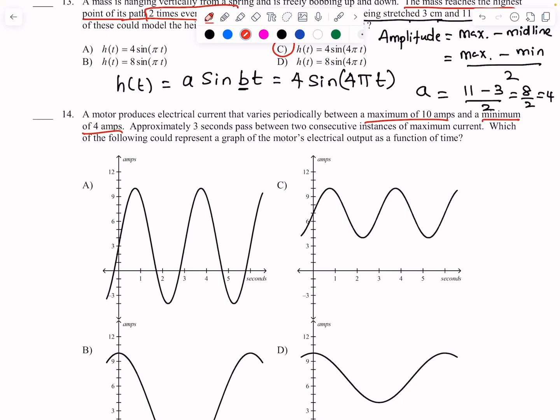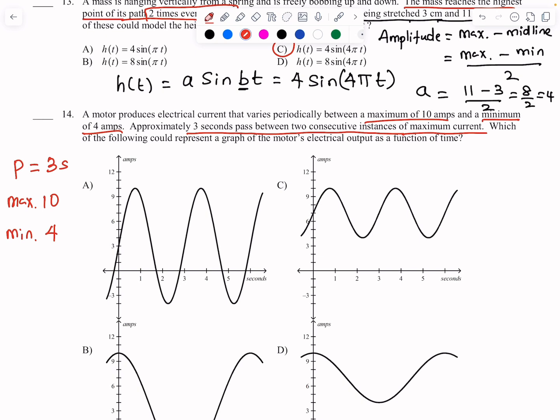Now they said that approximately 3 seconds passes between two consecutive instances of maximum current. So what they are saying right here means that your period is 3 seconds. So my period right there is 3 seconds. And then I have a maximum of 10, and then I have a minimum of 4.